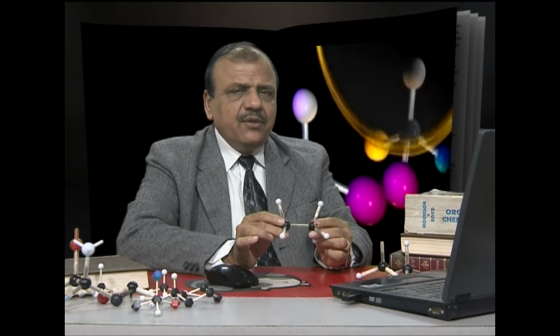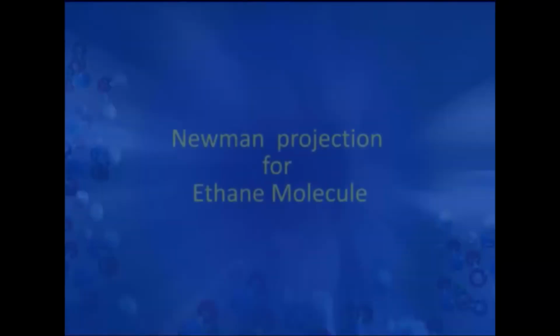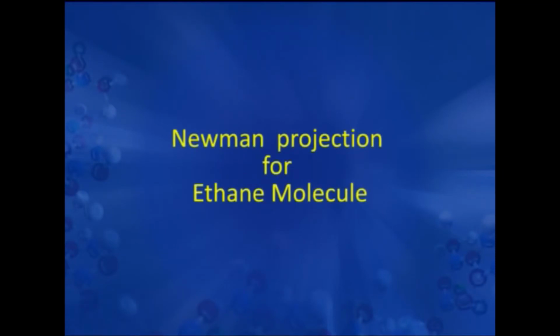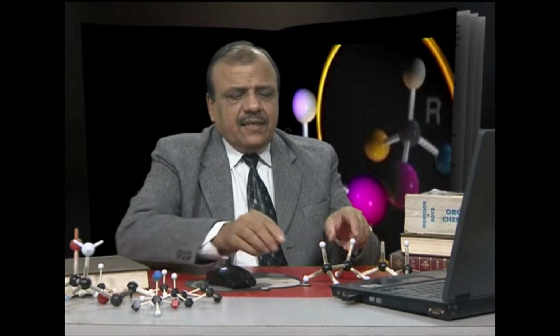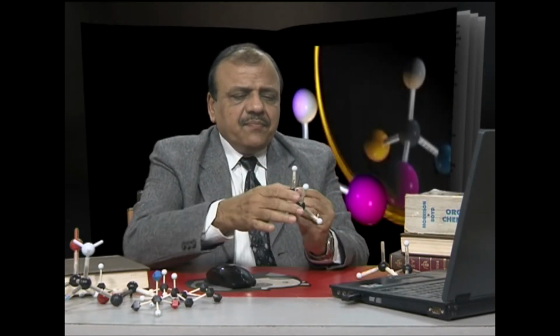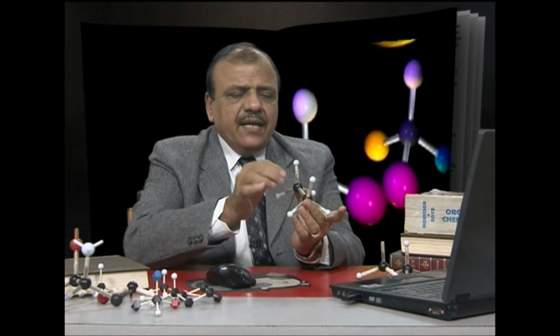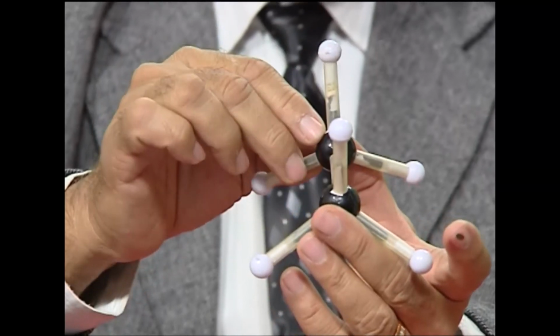The conformations for any molecule can be easily drawn by using Newman projections. We have earlier discussed the Newman projection. Let us revise it again by drawing the Newman projection for the ethane molecule. In the ethane molecule we can have a situation when these hydrogens are just opposite each other.